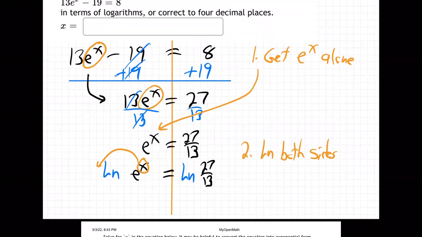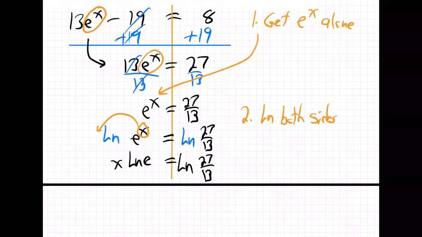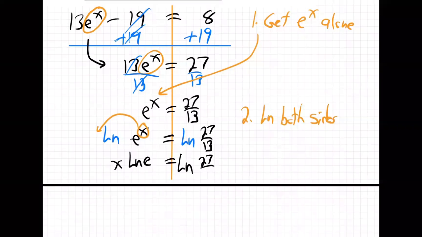Remember those properties of logs, which say the power on a log or a natural log, either one, can drop down to the front. So that's why it works. So then we get x ln e equals ln of 27/13.